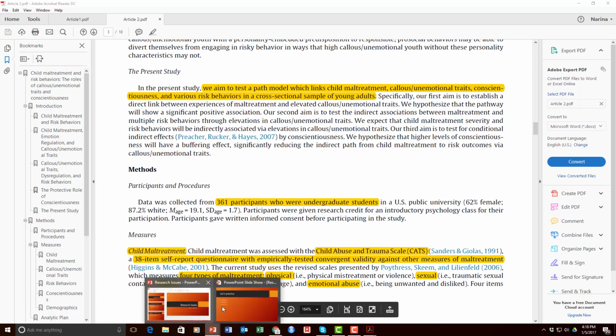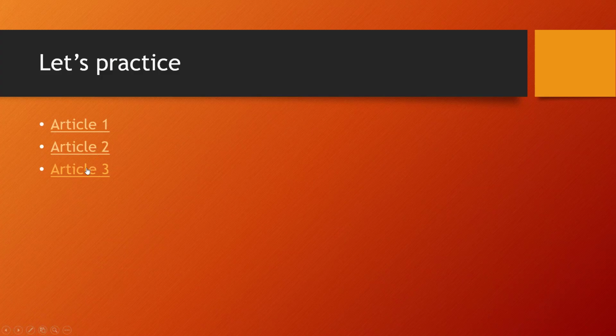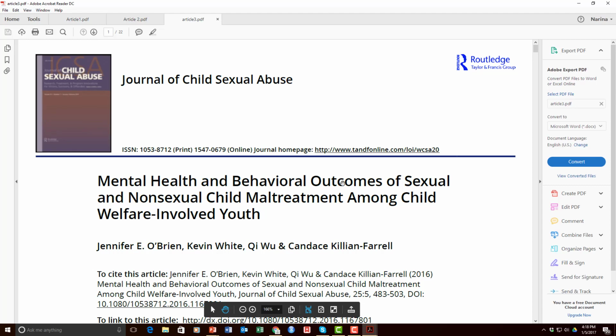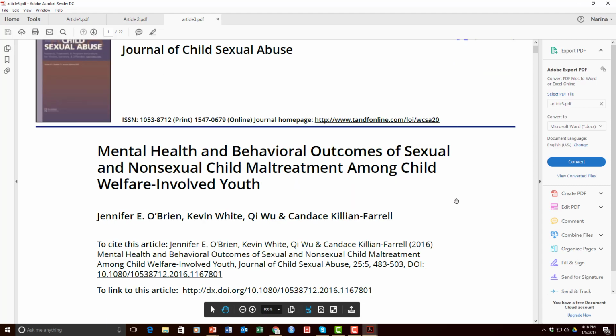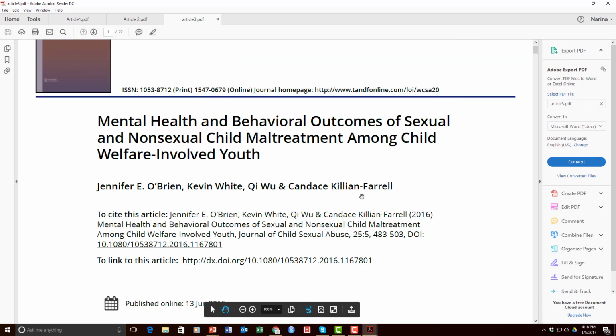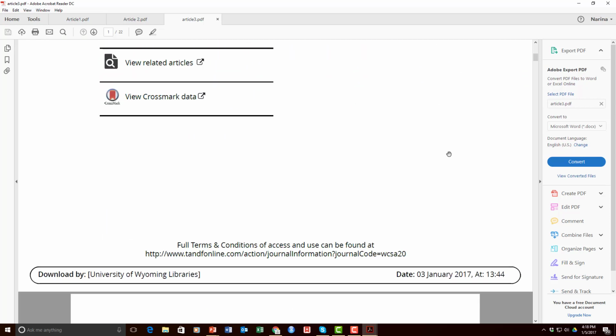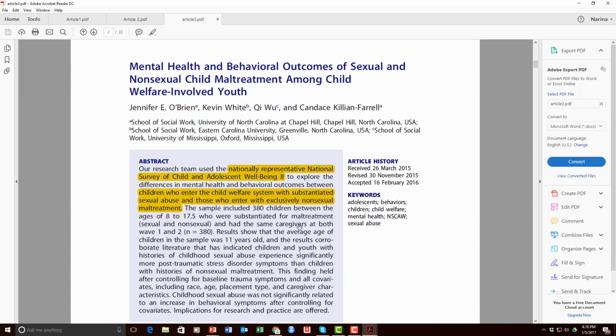Okay, last article. This is mental health and behavioral outcomes of sexual and non-sexual child maltreatment among child welfare involved youth. So they are going to compare sexual abuse to other types of child maltreatment. Here we go. The nationally representative National Survey of Child and Adolescent Well-Being.